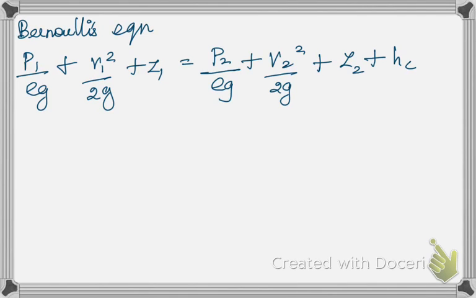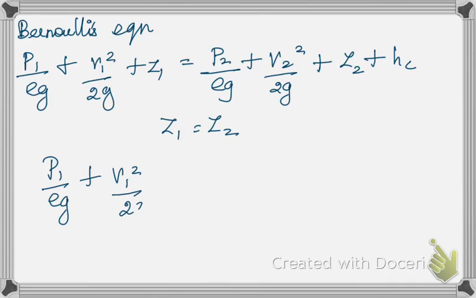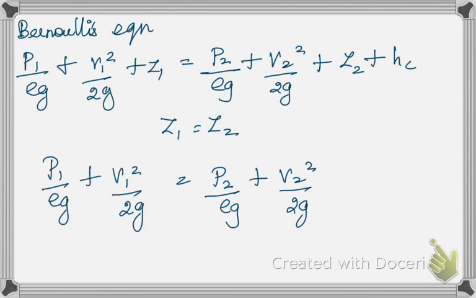If you see here, Z1 and Z2 will be equal, since the pipe is horizontal. So Z1 is equal to Z2, and I can omit that. So it becomes P1 by rho g plus V1 squared by 2g is equal to P2 by rho g plus V2 squared by 2g plus Hc.